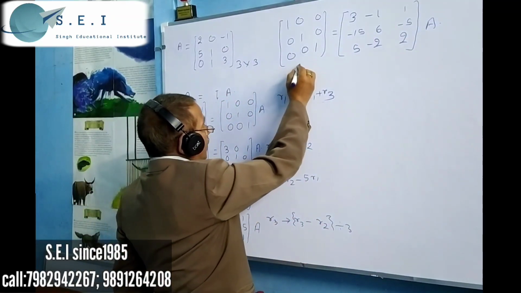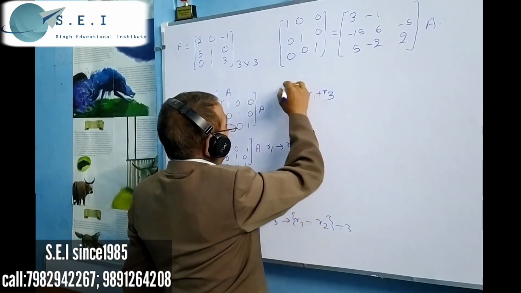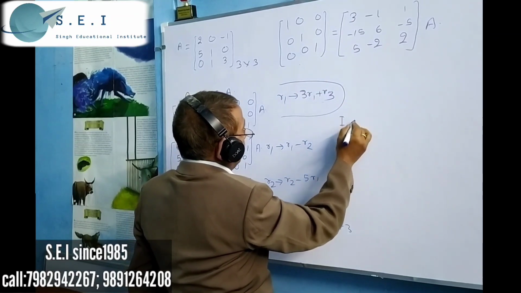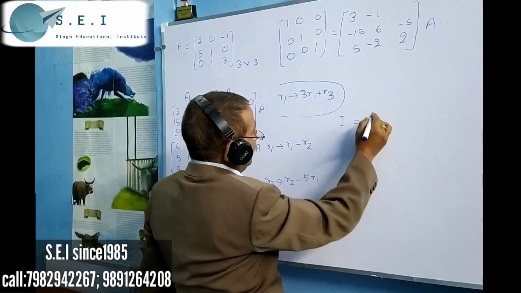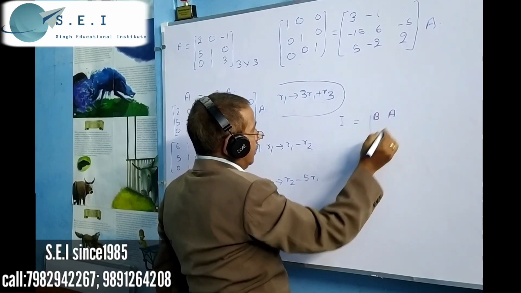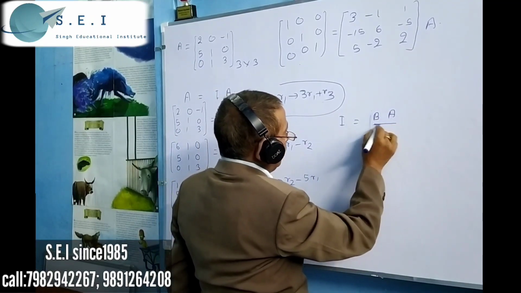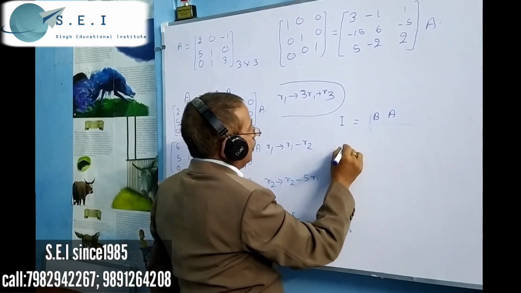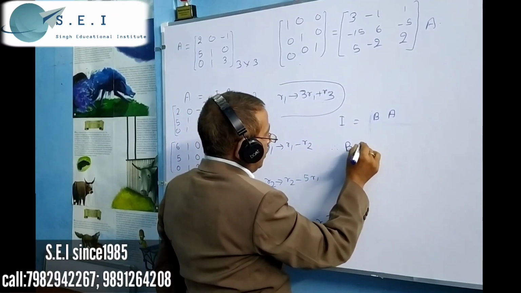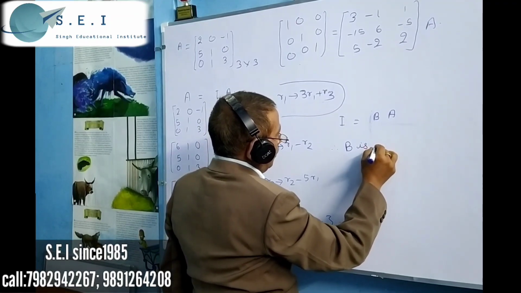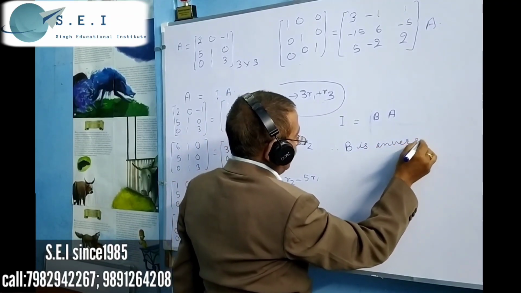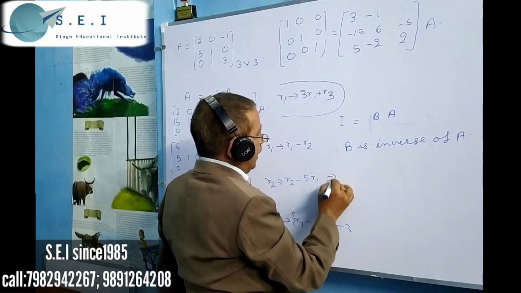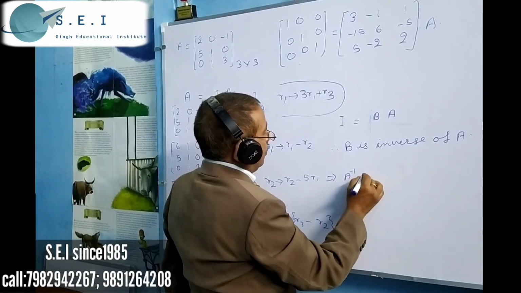Now we get here I is equal to some matrix B into A. So BA is equal to I, therefore B is the inverse of A. Therefore A inverse is equal to this one.